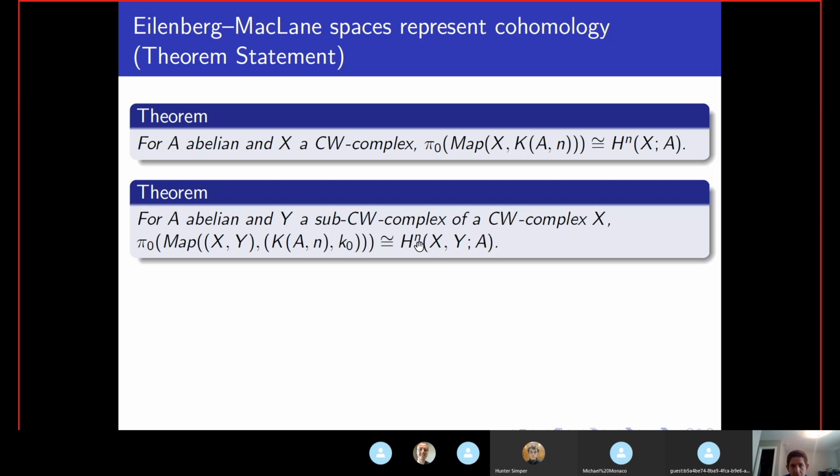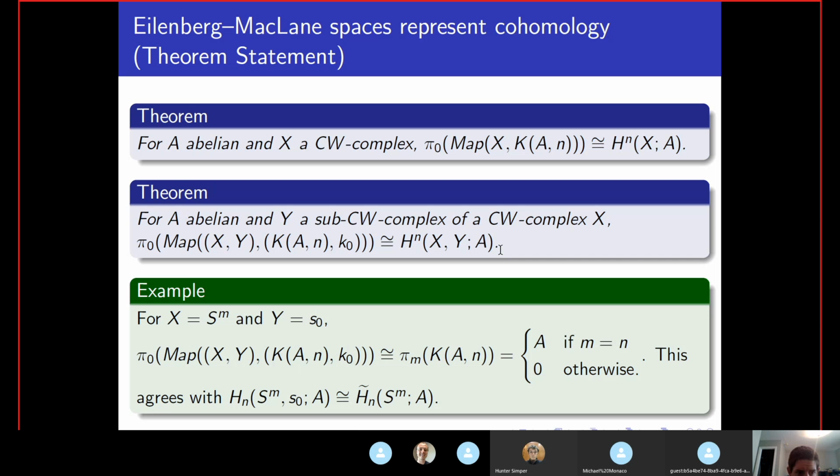And if you want, you can identify this with reduced homology. If you pick a point in a space, there's a natural isomorphism from the homology of the space rel that point to reduced homology.